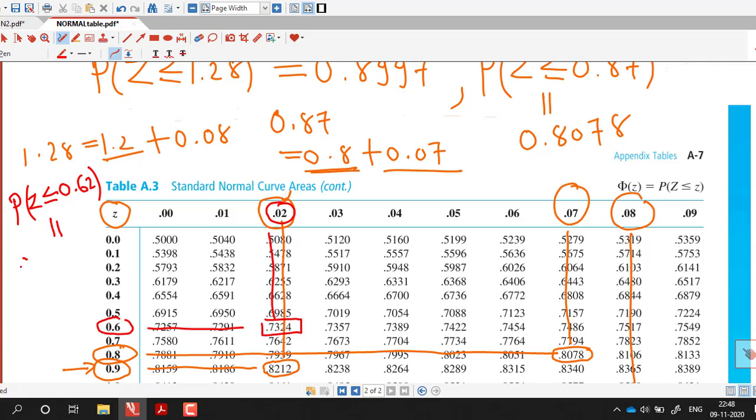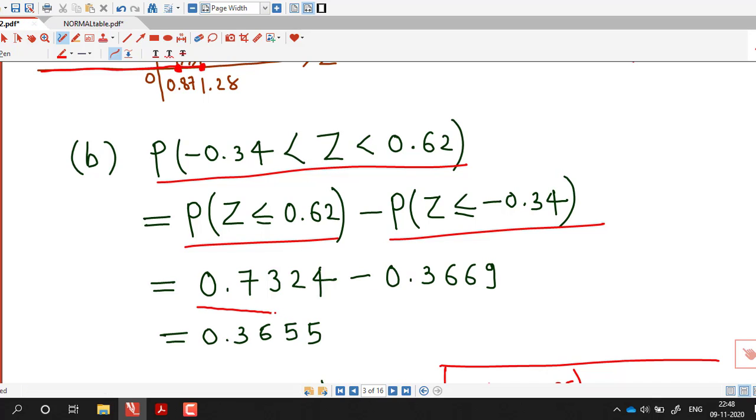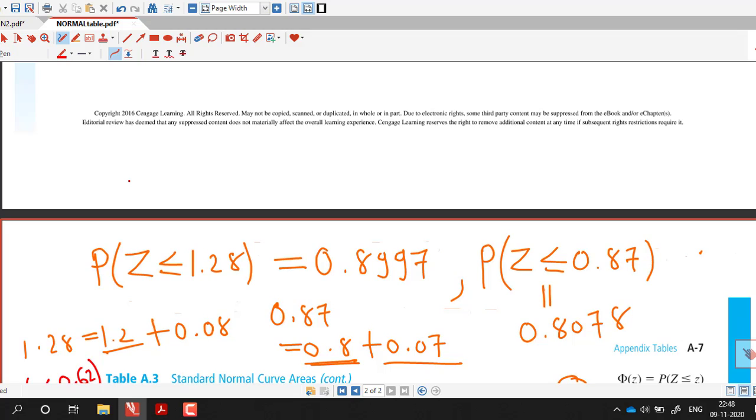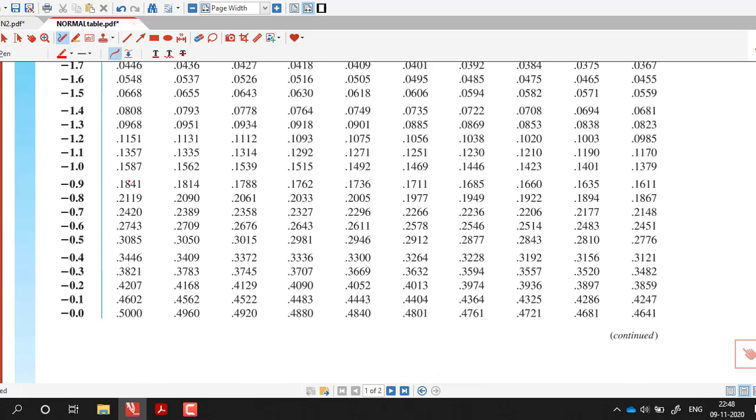So this value is 0.7324. Okay, so it is correct. Now we check minus 0.34. For the negative sign we have to go here. Minus 0.34 means minus 0.3 minus 0.04.